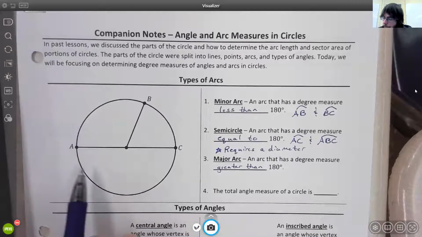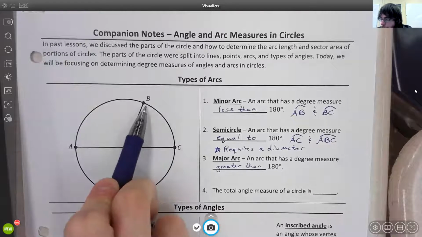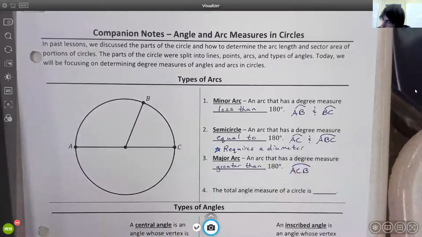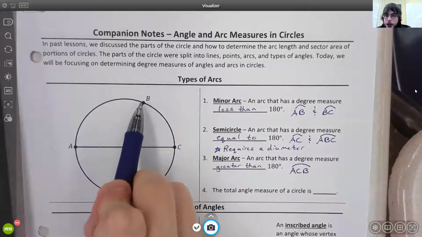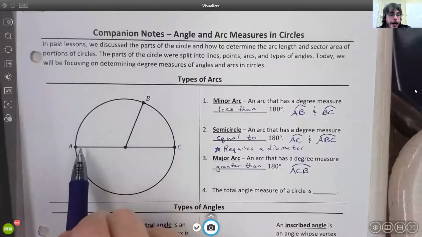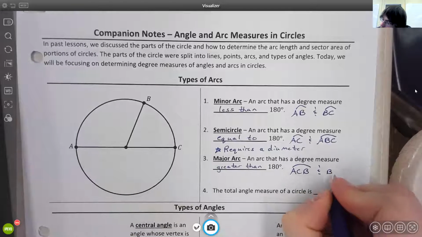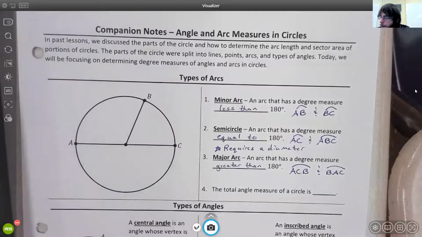Well, if we start at A, we could say that arc ACB is one. If we start at B, if we go backwards, we just end up with the same one we just said. But if we go from B to A to C, that's another one in this diagram.